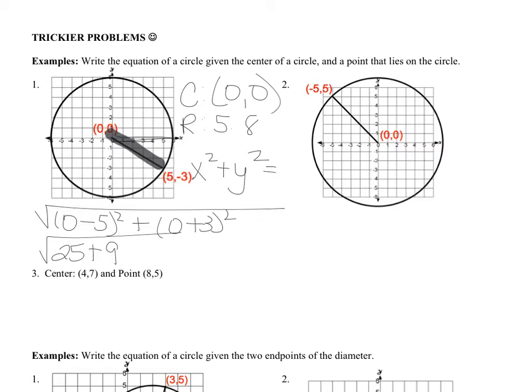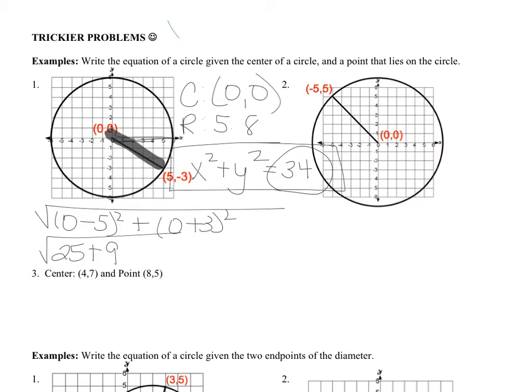So what's 5.8 squared? 5.8 squared, let's see, 33.64. So instead of writing a decimal over here, you always round to the nearest whole number. So 33.64, well, that makes 34. And this is the equation of my circle.